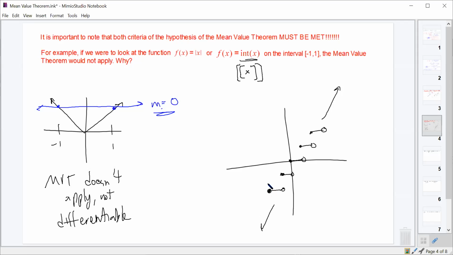This function is the greatest integer less than or equal to x. So plug in 0.5. The greatest integer that's less than or equal to 0.5 is 0, all the way up to 0.99999. The greatest integer less than that is 0, and so on. So for this one, the mean value theorem wouldn't apply for what reason?